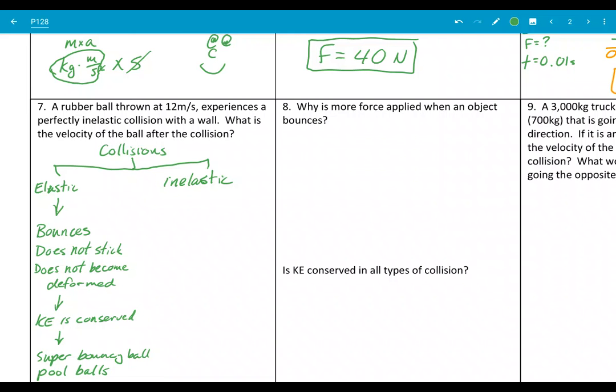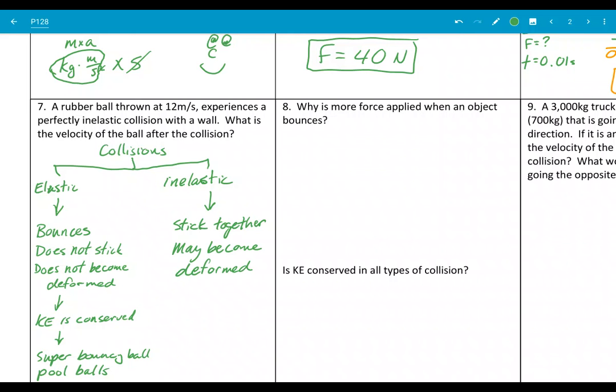In inelastic collisions, the things that crash into each other stick together. Okay, and they may stick together and move away together. They may become deformed. Okay, they may heat up.